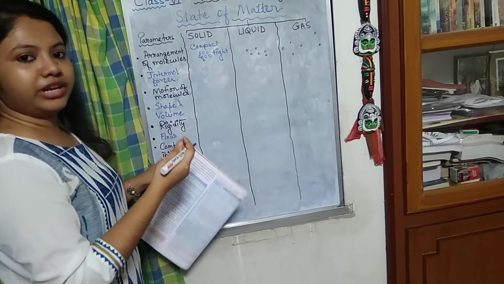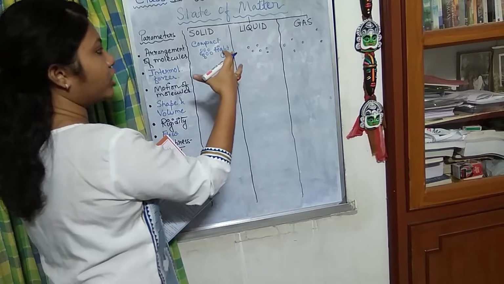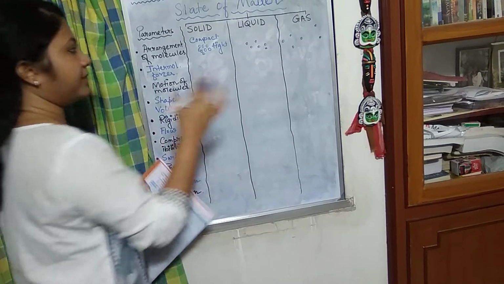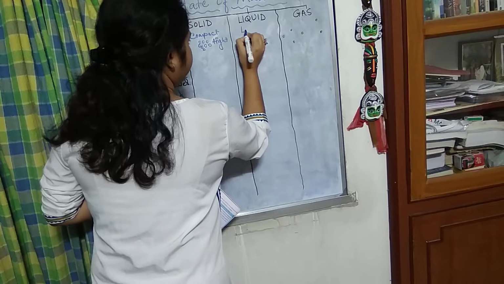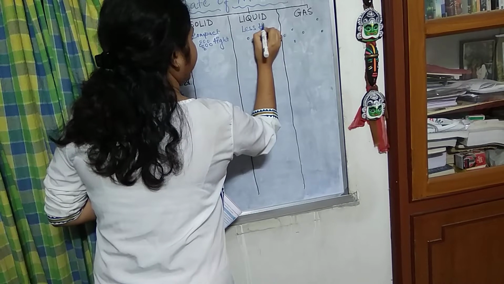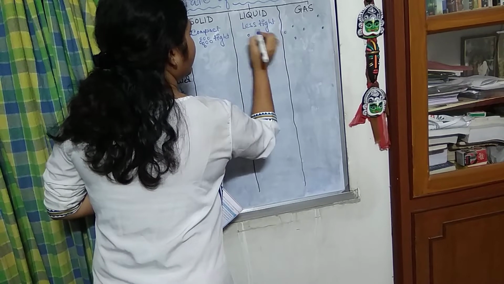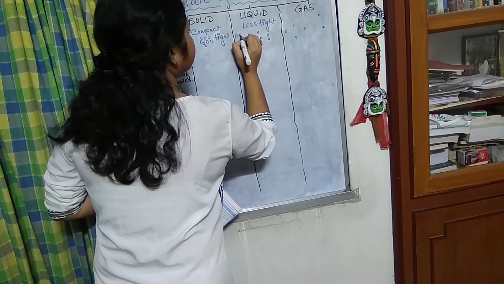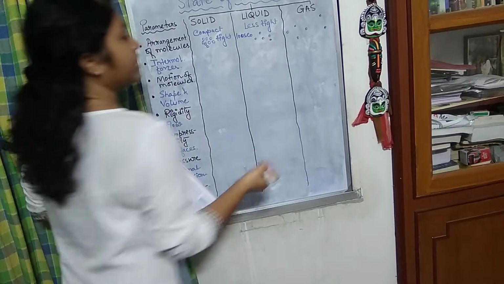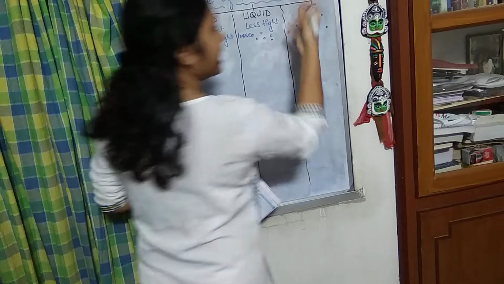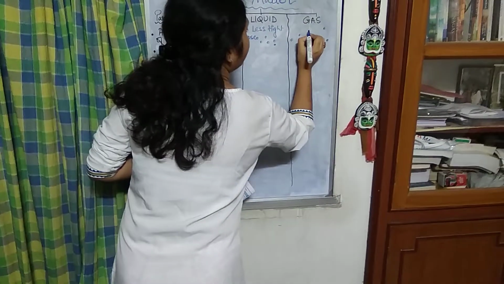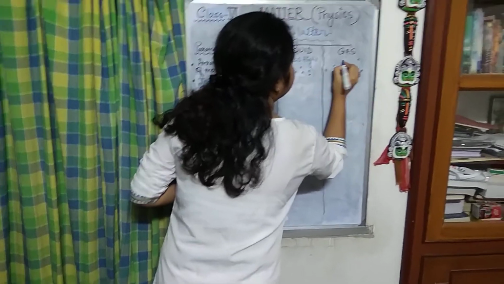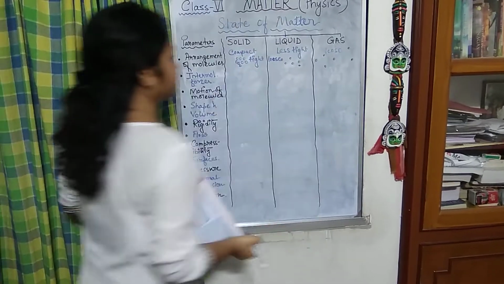In the case of a liquid, the arrangement is compact but less than a solid, so less tight, or loose. In the case of gas, obviously we can see that they are very loose and farther apart. So the arrangement is loose.